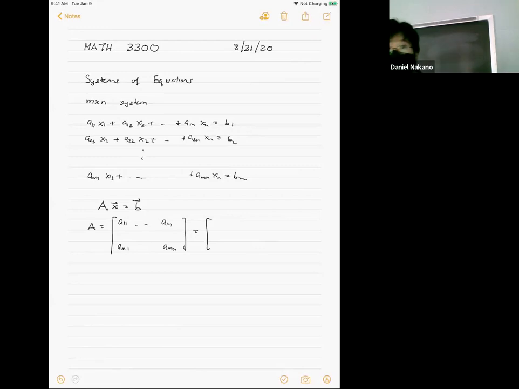And so what I'm going to do is look at the columns of A. Let me label the columns of A as follows: v1, v2, up to vn. These are vectors which are the columns of A. So when I write A times x, I'm actually writing a linear combination of the columns.